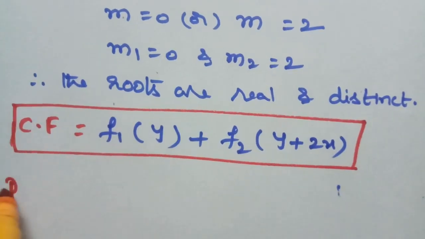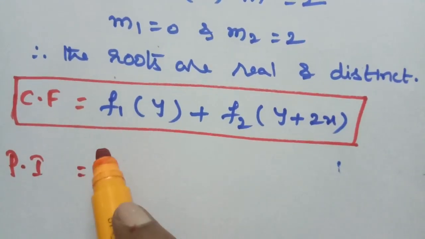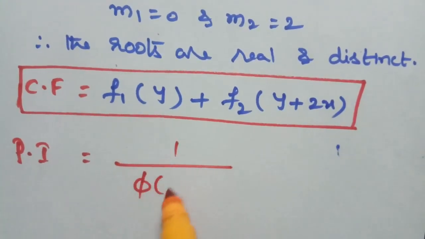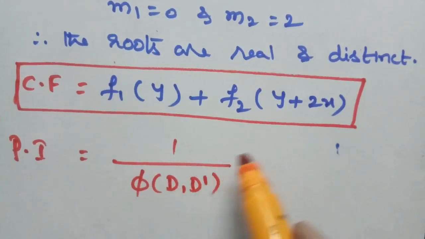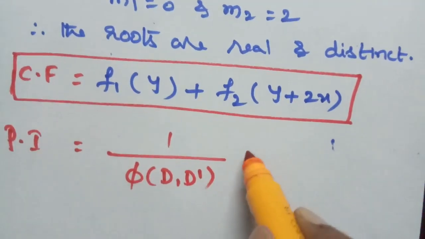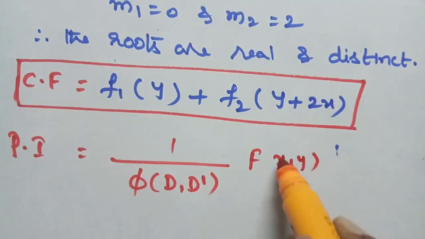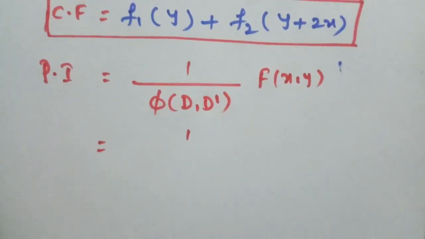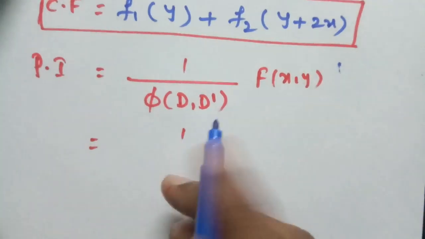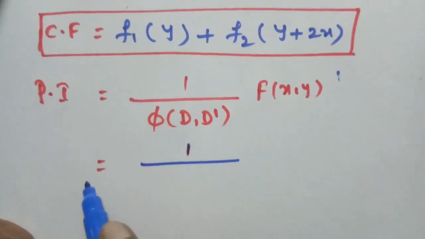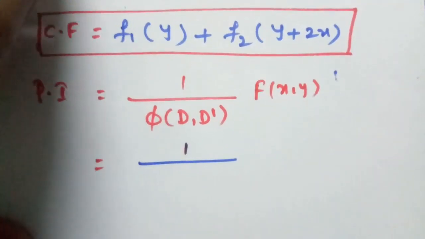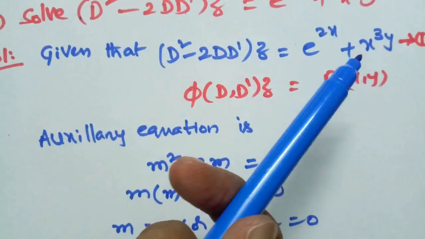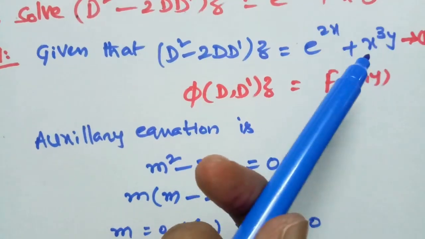Now particular integral PI is equal to 1 by phi of D comma D dash into f of x comma y. Therefore this is 1 by D square minus 2 D dash into f of x comma y, e power 2x plus x cube into y.